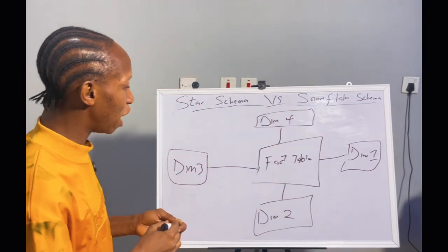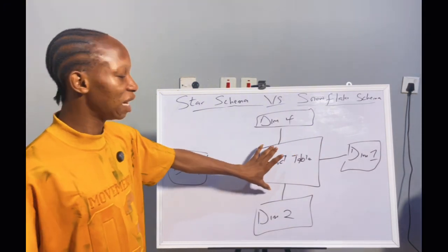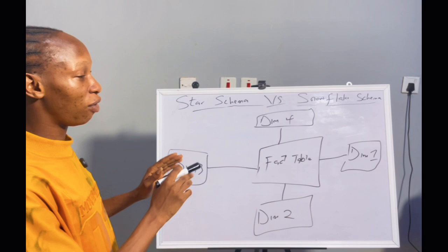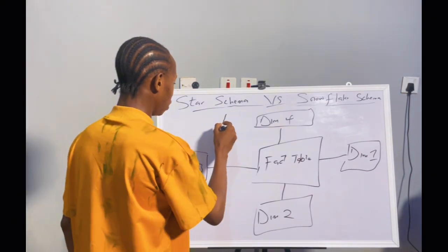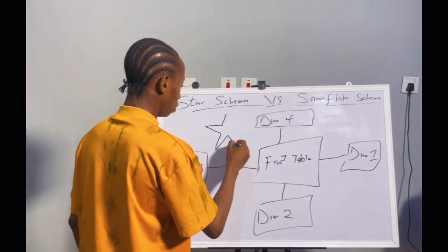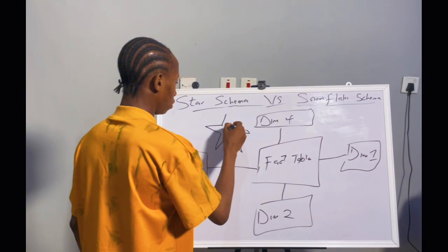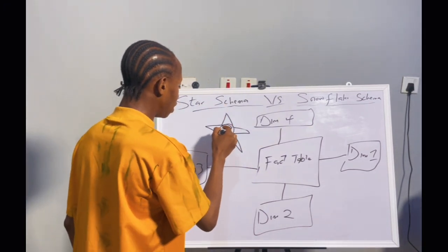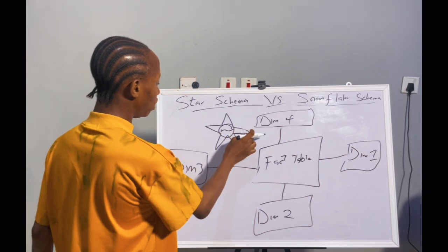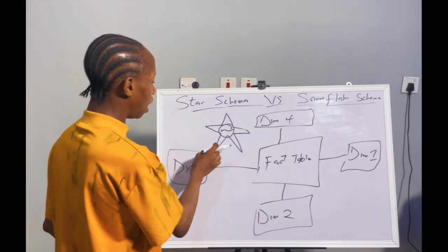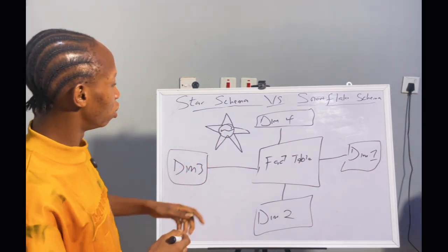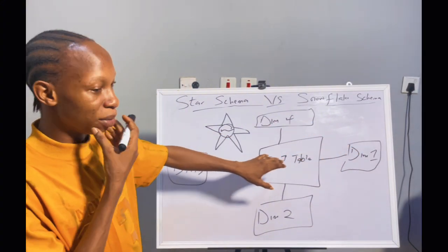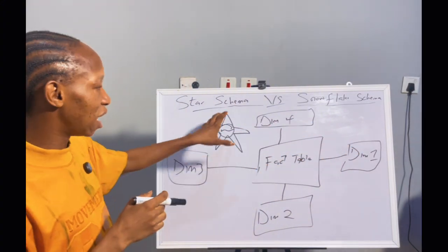You can see that all my dimension tables are connected directly to my fact table. And if you notice, they form a star shape. This center is where we have our fact table, and all these around it are your dimension tables. Your dimension tables connected directly to your fact table is what we call star schema.